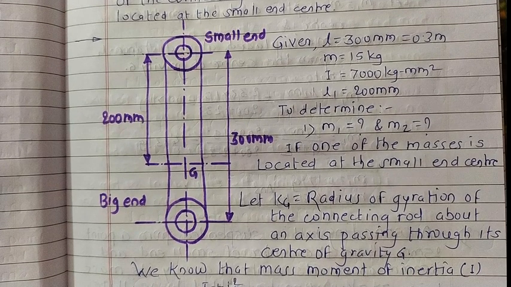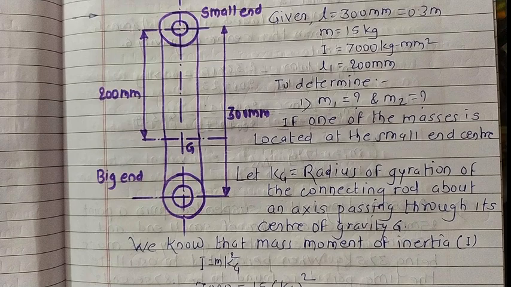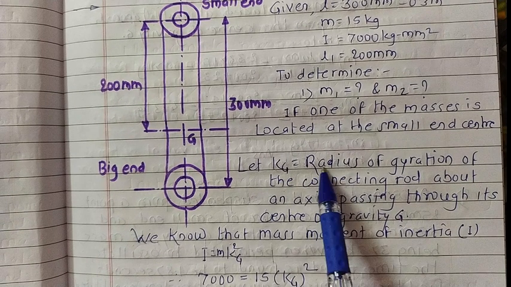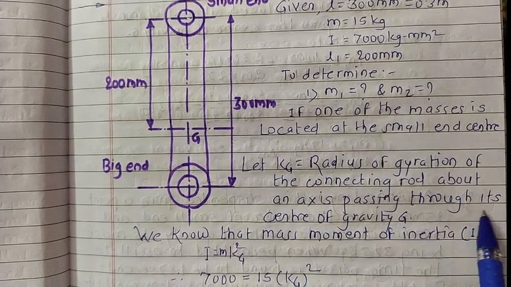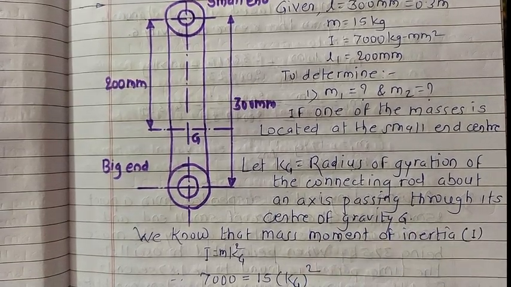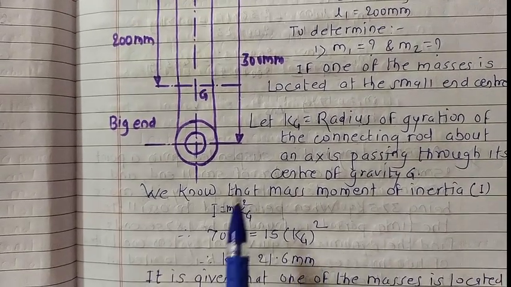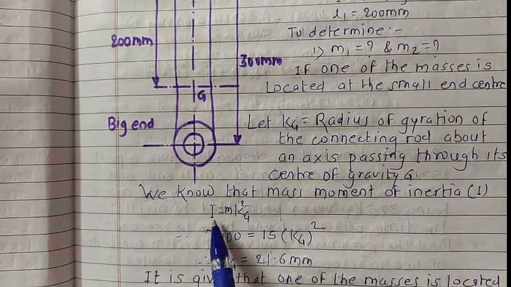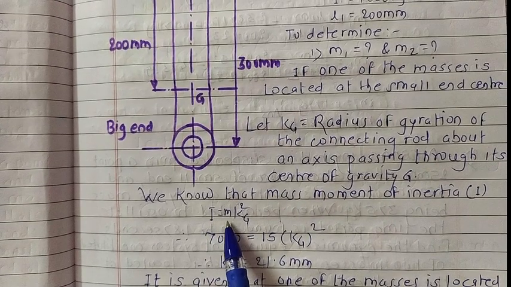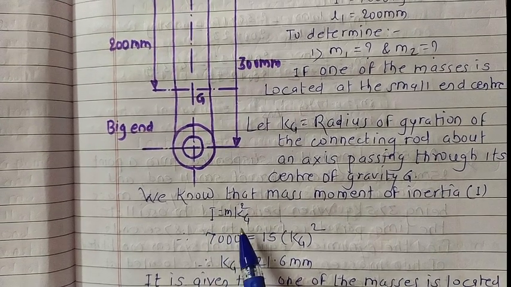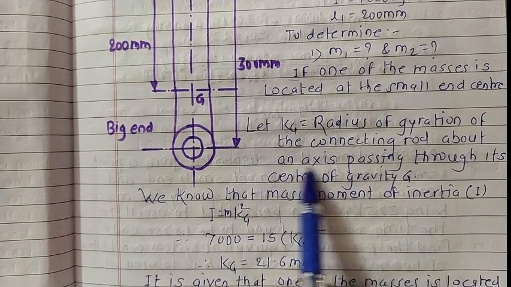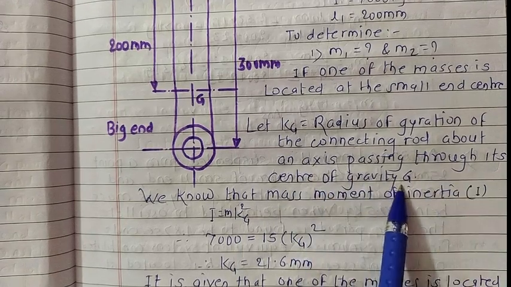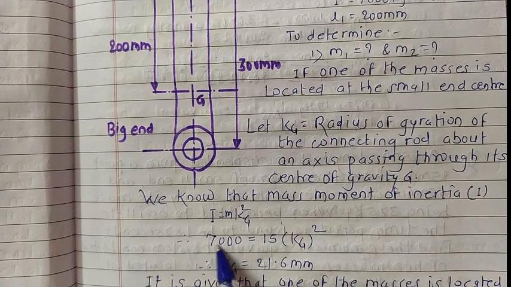For that, let us consider kG as the radius of gyration of the connecting rod about an axis passing through its center of gravity G. Already we know the relation: I, the mass moment of inertia, is m into kG square, where kG is the radius of gyration. We know the mass moment of inertia, substitute here.